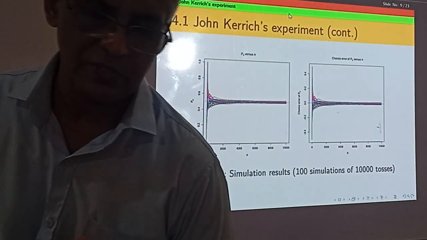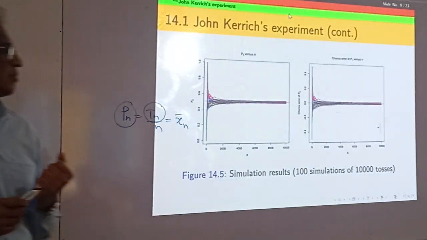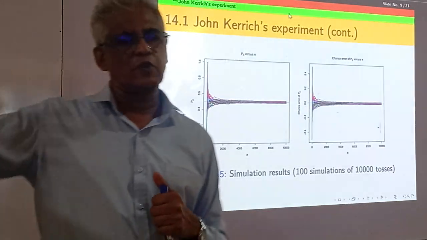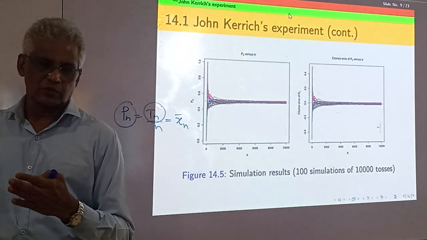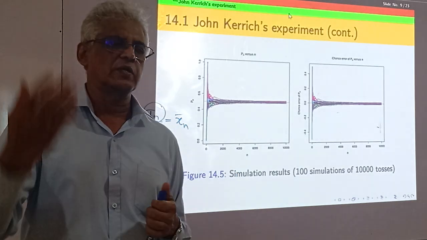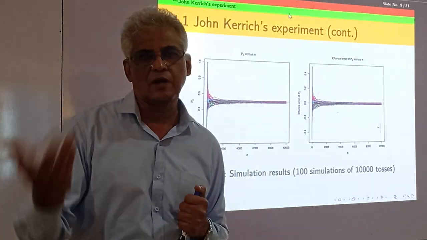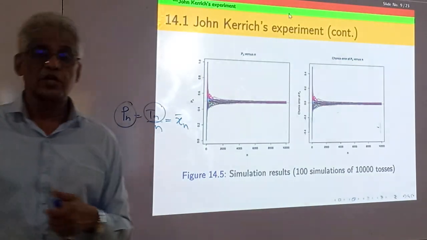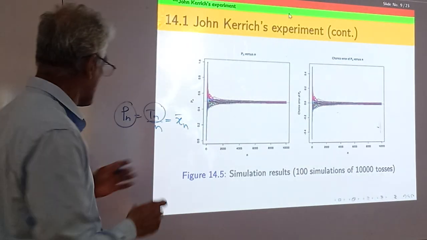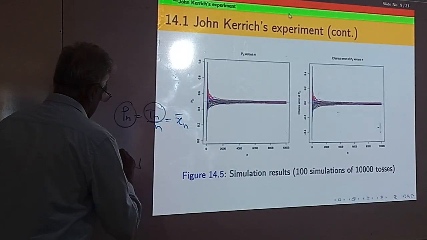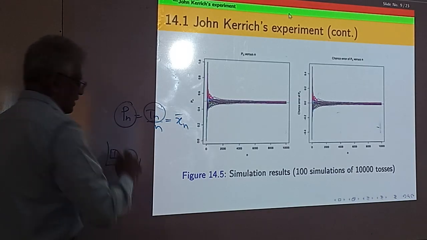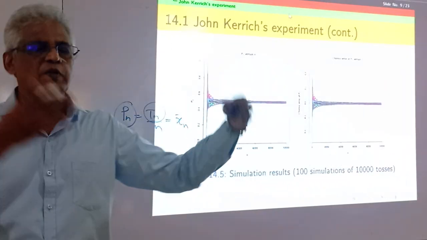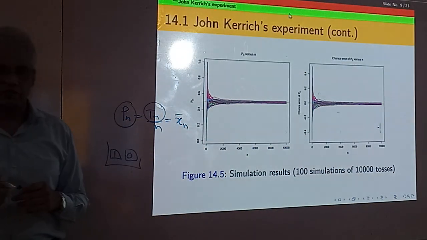So that means whenever you take a sample of size n, for example, from a population, right? So when you are tossing a coin, it's like taking a sample from a population of zeros and ones. Because we are taking with replacement, it's like a large population with 50% zeros and 50% ones.